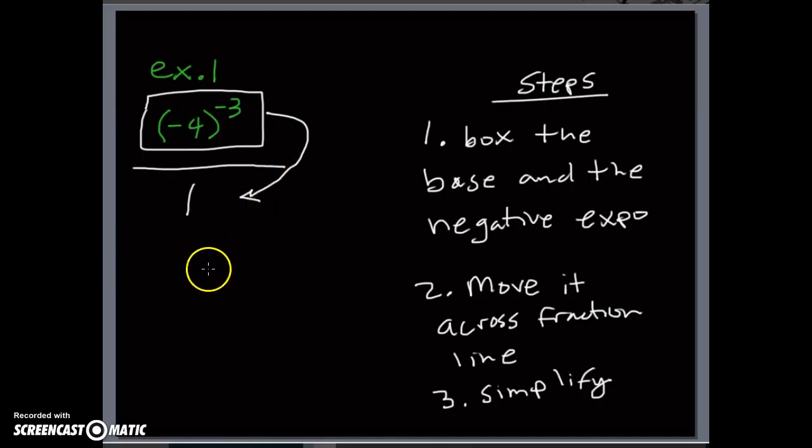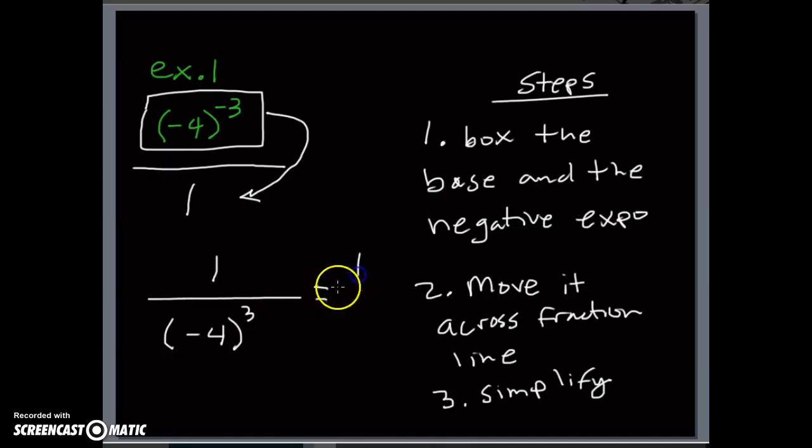When I do that, I now have negative 4 to the positive third power. Notice how the negative in front of the base did not change, only the negative in front of the exponent changes. What's left in the numerator after I move it out? Simply just a 1. Now I can go ahead and simplify this.